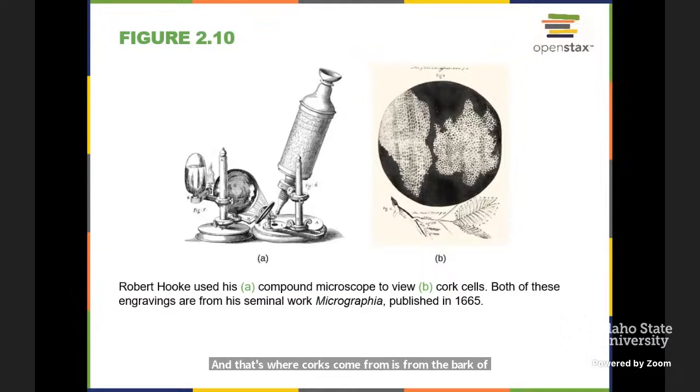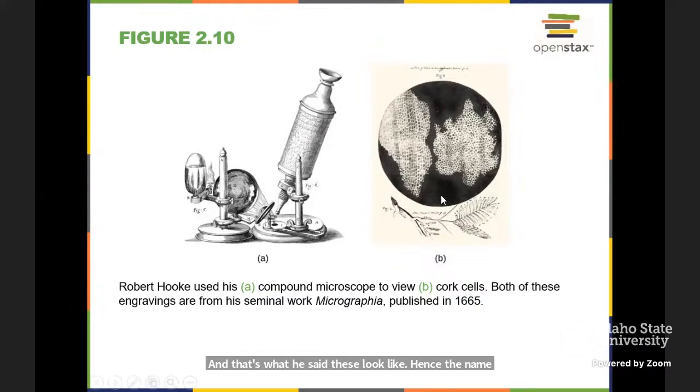So he took some cork and sliced it thin and looked at it through the microscope and was able to visualize. We got a drawing of what he was able to see, individual cell walls of the cork. And as he was looking at it, it made him think of a monastery and the little dormitories that all of the monks lived in, and they call those cellulae. And that's what he said these look like, hence the name cells. All right.